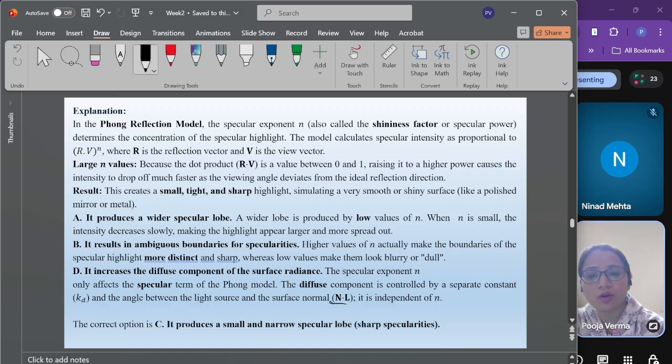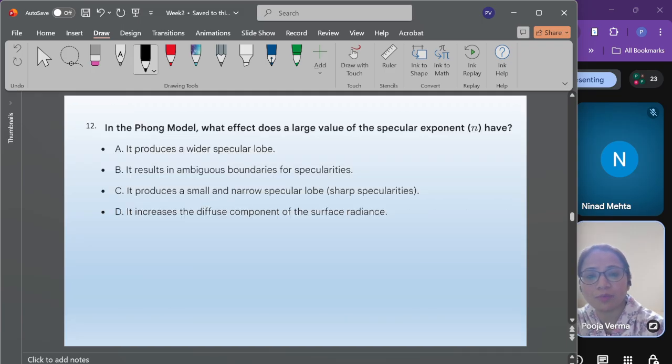It produces a small and narrow specular lobe, that is, sharp specularities. In the Phong model, large values of the specular exponent produce small and narrow specular lobes.